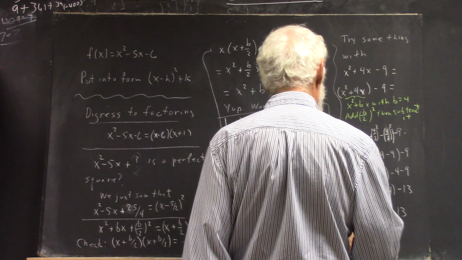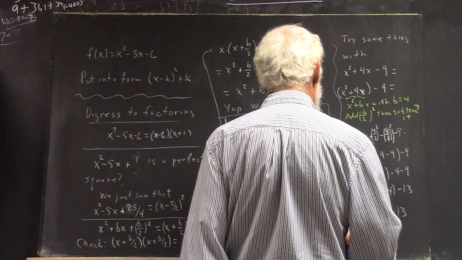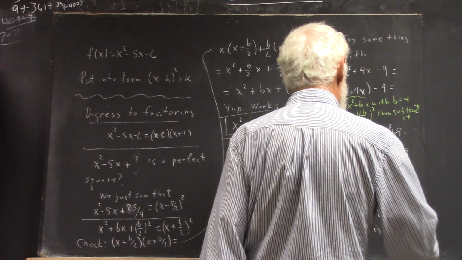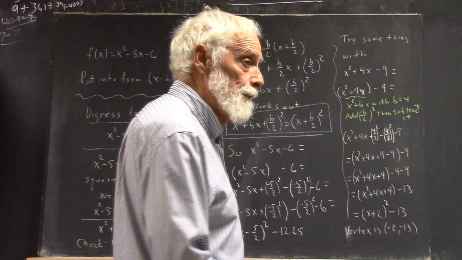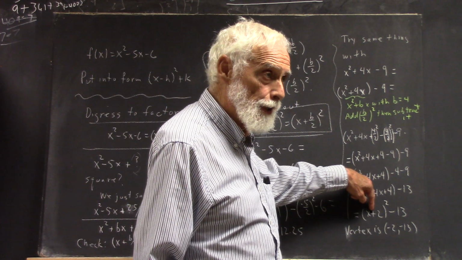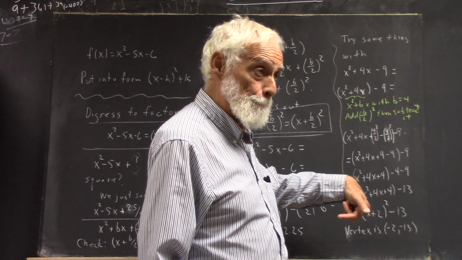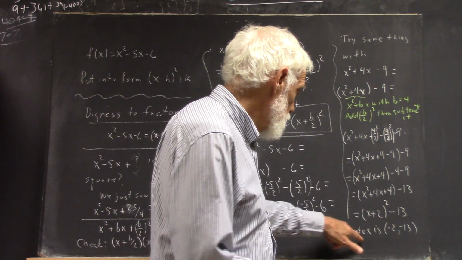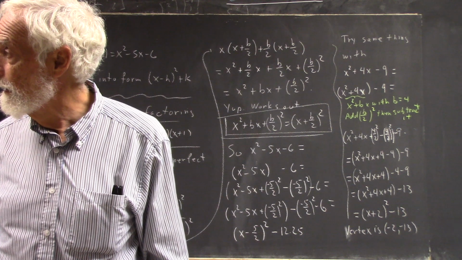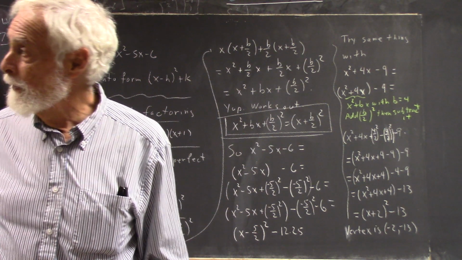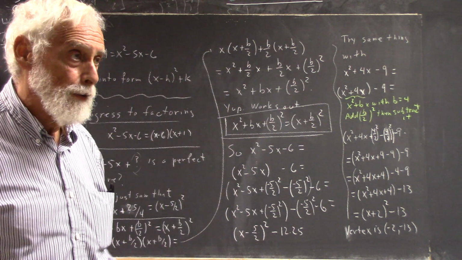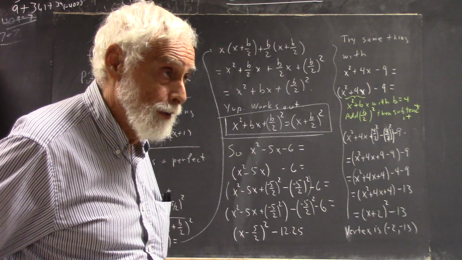Vertex is -2, -13. Because remember, your horizontal shift to get x plus 2 has to be minus 2, right? That's a lot. I'm going to give you just a little bit to do on this, but mostly just make sure the process that we did over here, where you figure out the vertex and do the shifts, the transformations.